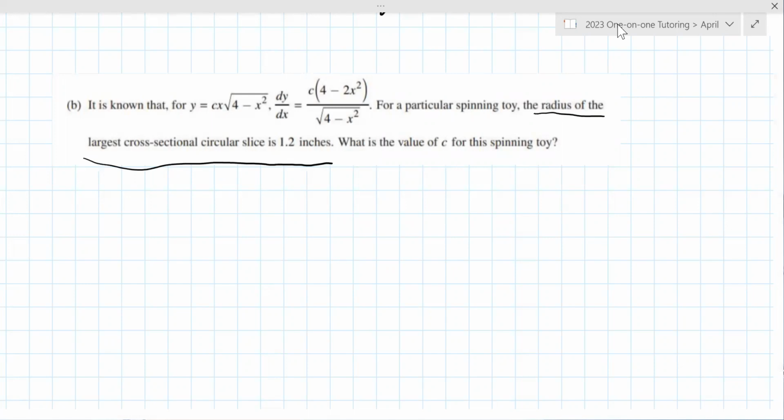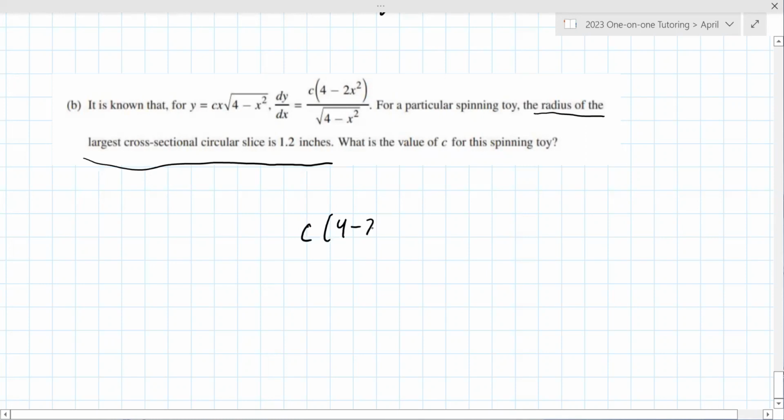Yes. So you set the derivative equal to 0 typically. I set the derivative equal to 1.2. No, equal to 0. Normally you set the derivative equal to 0.